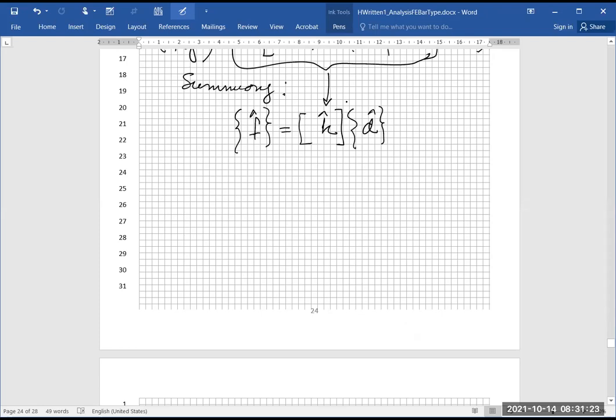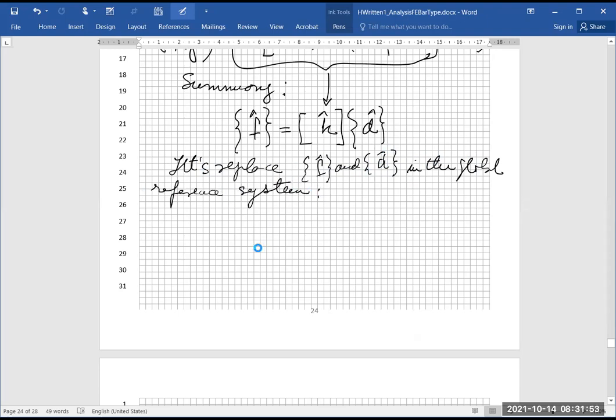Let's replace F and D in the global reference system.